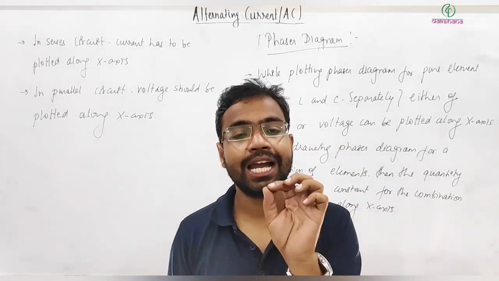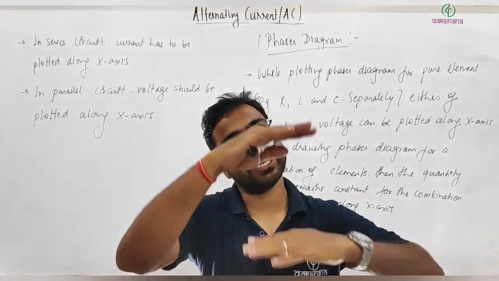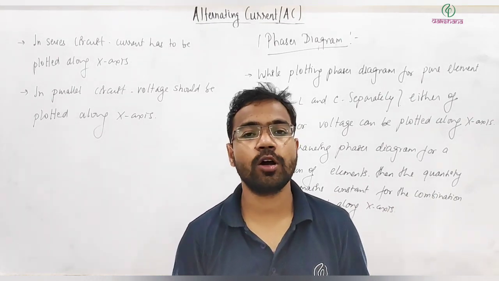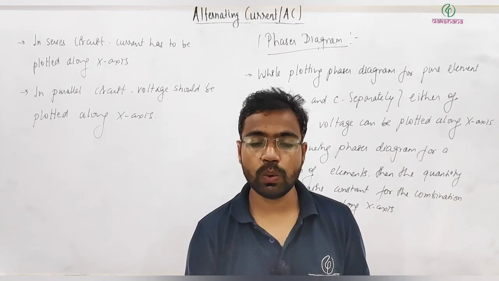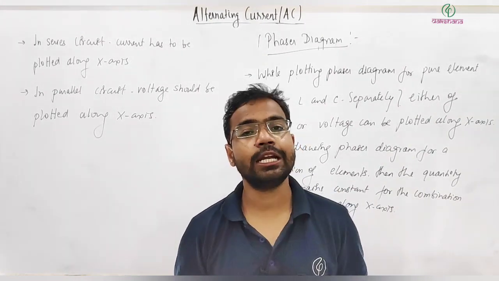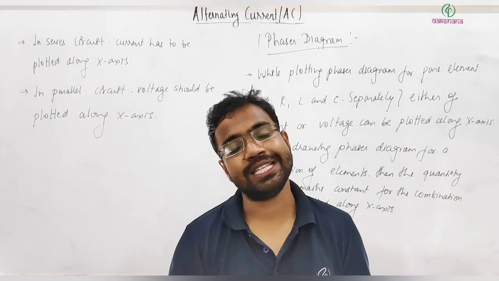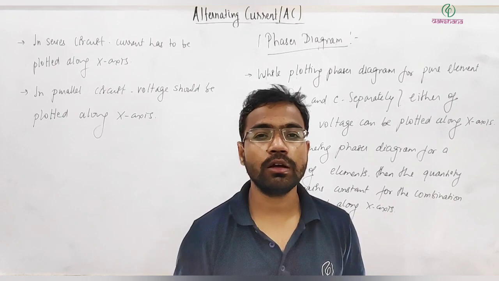So the current must be plotted along the x-axis. When elements are connected in parallel, the voltage or potential drop across them will be common, constant and equal. In the parallel combination, the voltage or potential difference must be plotted along the x-axis and the current along the y-axis.